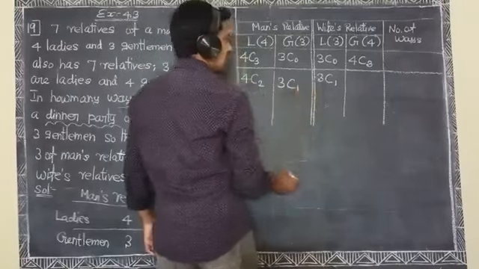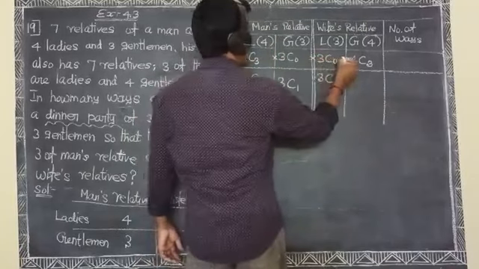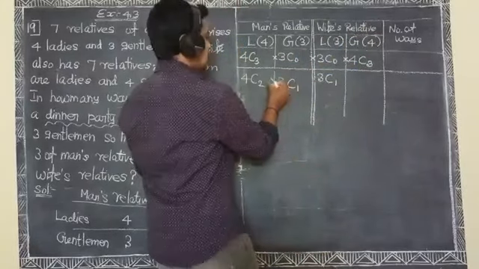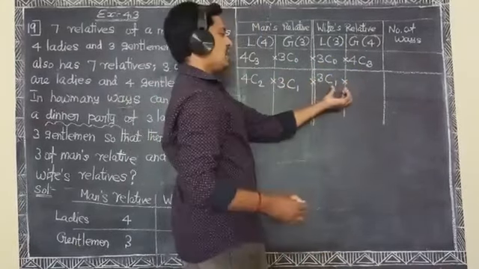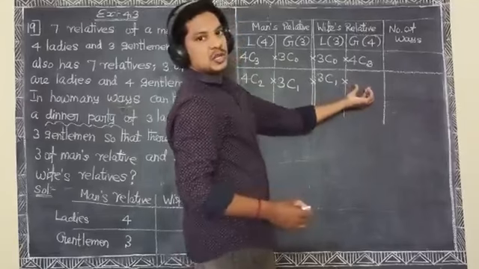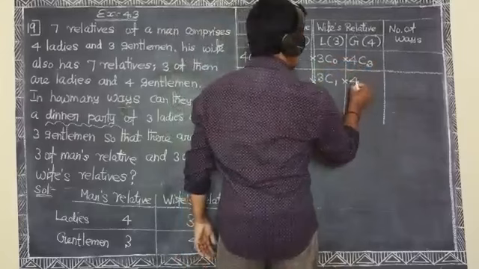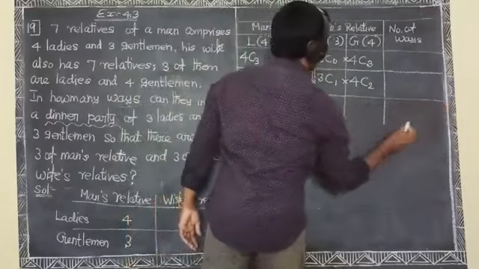Product of all the cases: 4C2 into 3C1 into 3C1 into 4C2. This is another possible way.